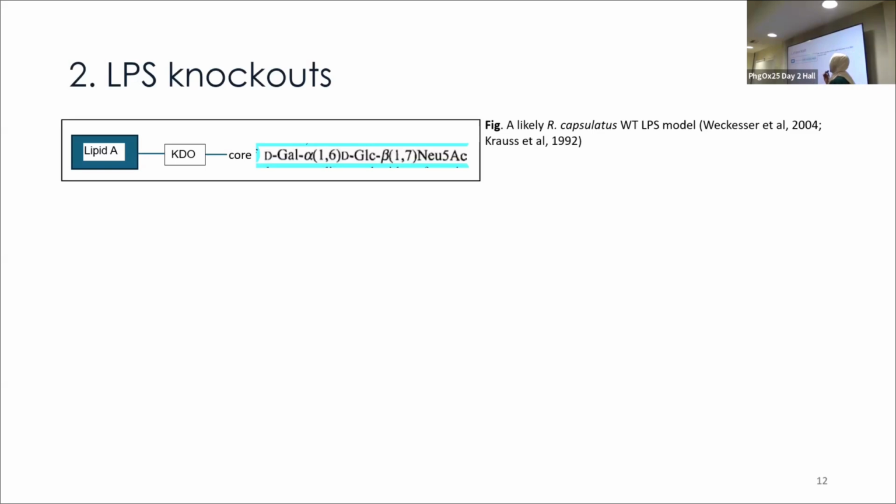And two of those strains were shown to have a trisaccharide containing galactose, glucose, and uronic acid on the core of their LPS. So we figured that if we could go through the genome sequence of our wild-type strain and find galactose and uronic acid biosynthesis genes, those might be potential targets for creating LPS mutants on this strain.